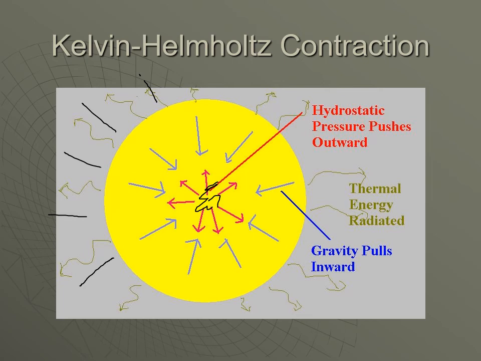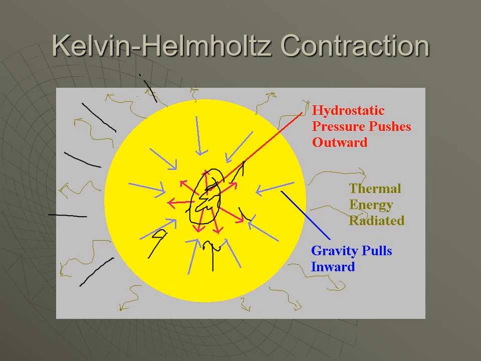So it cools off a little bit, and now there's not quite as much outward pressure in the middle to overcome gravity, and so it ends up squeezing inwards just a little bit more. That heats up the interior more, which pushes outwards more, which balances it. So this is Kelvin-Helmholtz contraction.